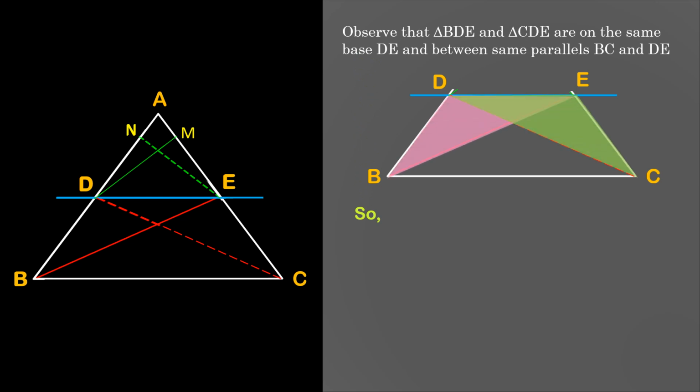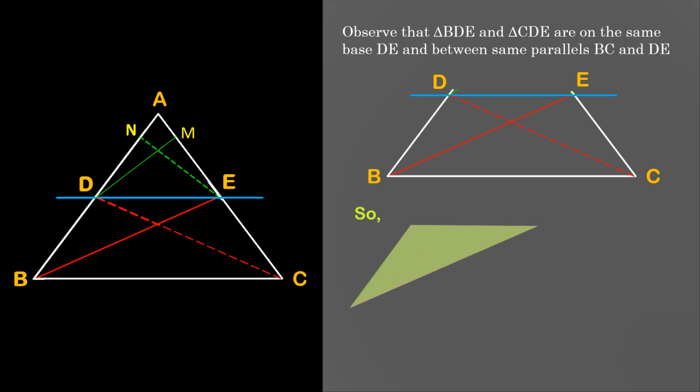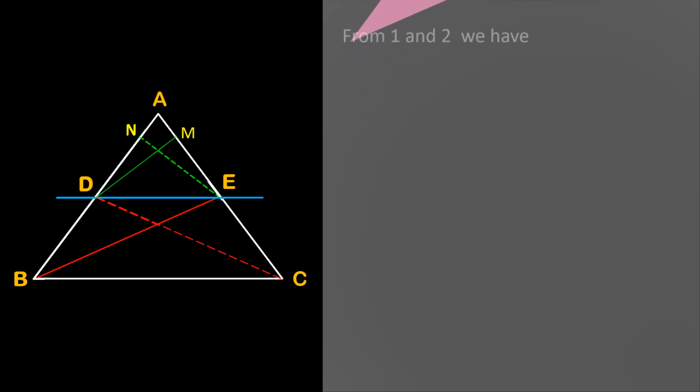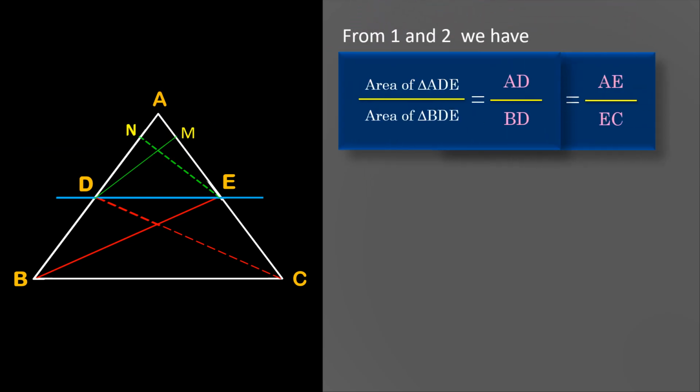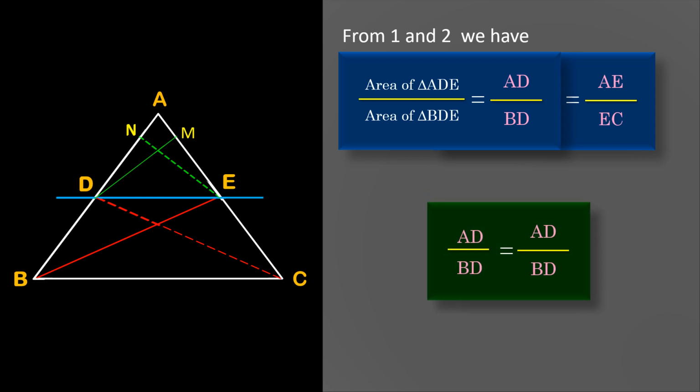So the areas of triangle BDE and triangle CDE are the same. From 1 and 2 we can conclude that area of triangle ADE by area of triangle BDE is equal to AD by BD is equal to AE by EC. This is the final conclusion. Hence, the theorem is proved.